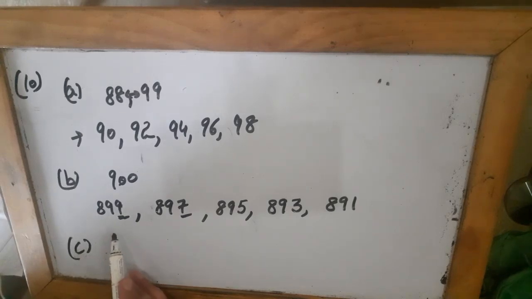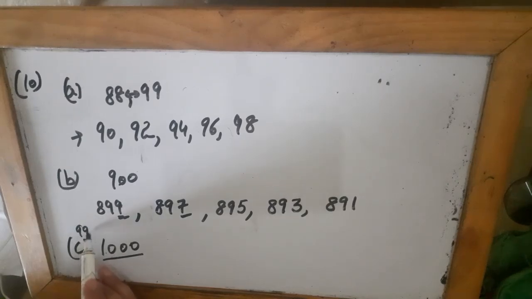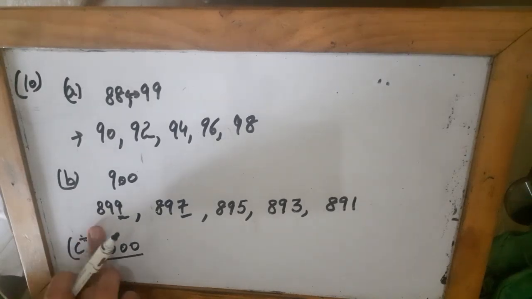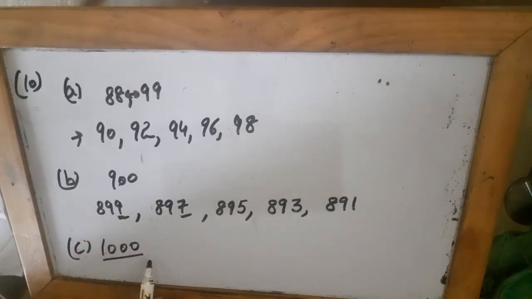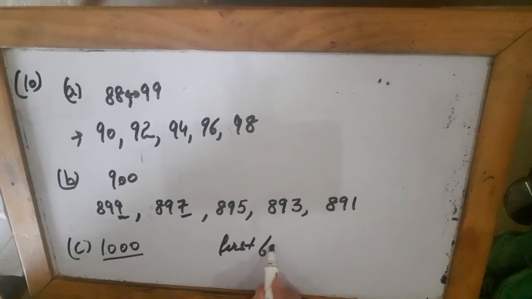Write the first 4 digit even numbers. Now where do the 4 digit numbers start? From 1000. From 1000 starts the 4 digit numbers. What comes before this is 999, which is a 3 digit number. So they are asking for 4 digit numbers, the first 4 even numbers with 4 digits.